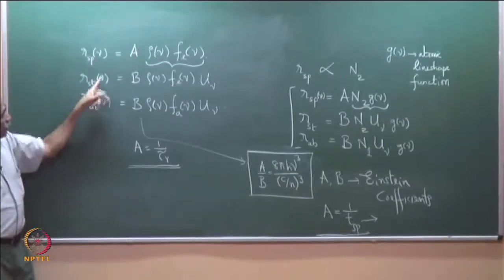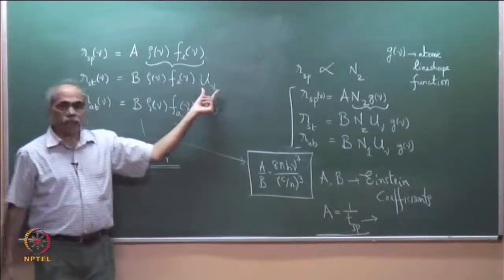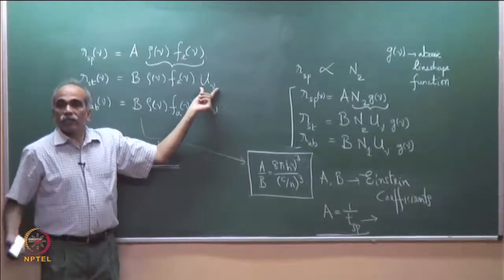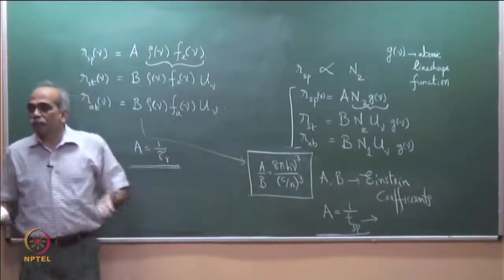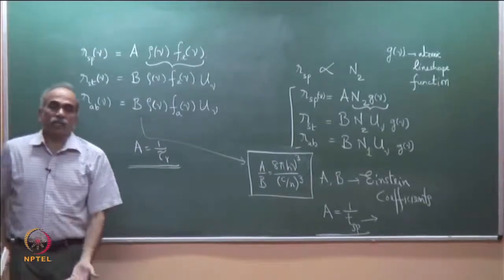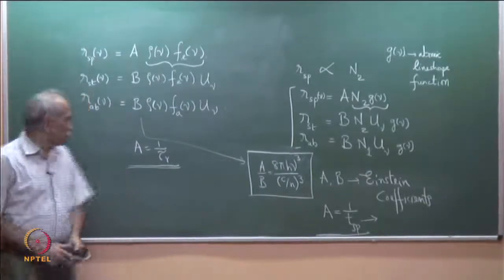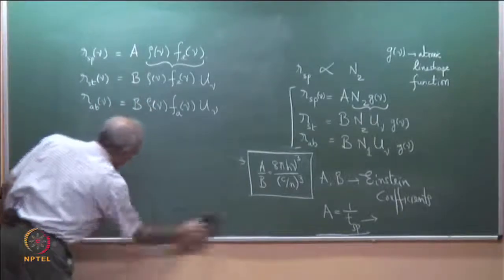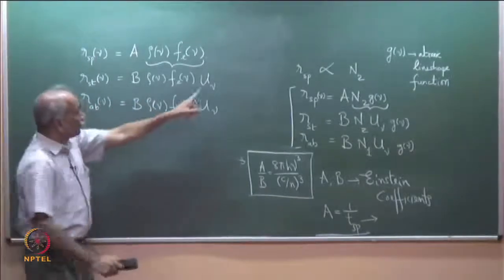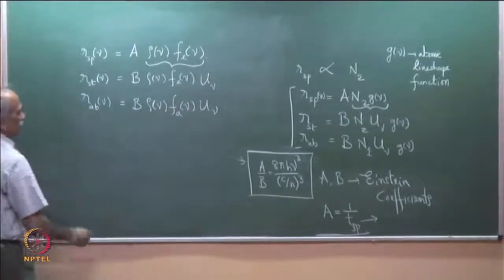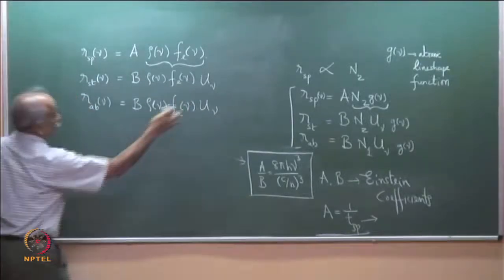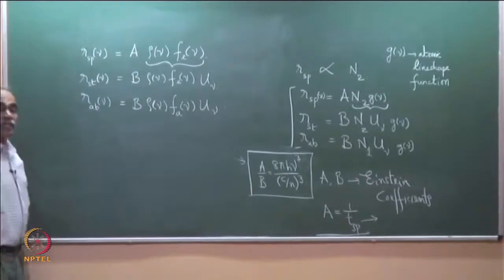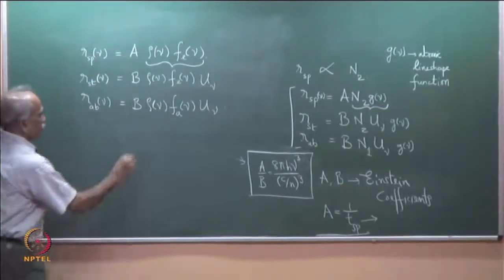The difference between stimulated and spontaneous emission is the energy density. Spontaneous emission does not require any radiation to be present, it spontaneously makes a downward transition. In stimulated emission, you need radiation to be present, and U nu here refers to the energy density in the medium.